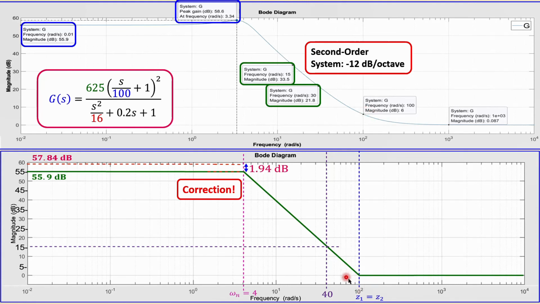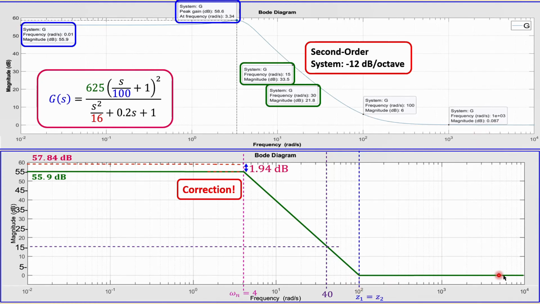So at this zero location, we have estimated, or have drawn using asymptotic approximation, just 0 dB, but it is actually 6 dB because that's twice the height of 3 dB. And that's also confirmed by this plot. And then for high frequencies, the magnitude goes to approximately 0 dB, which is just as a scalar value 1.